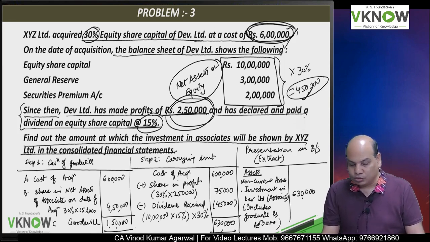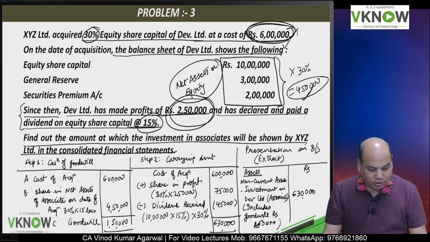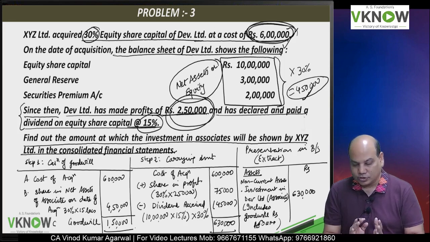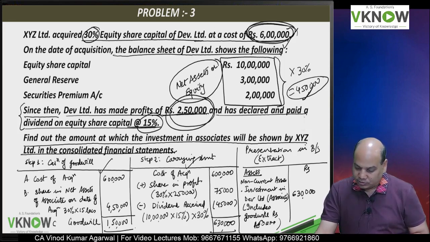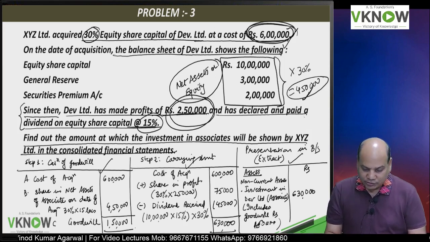The last line is includes goodwill rupees 1,50,000. And this way the student should present the answer in the exam. First compute goodwill, carrying amount, and how the investment will appear in the balance sheet. That was my question number 3.